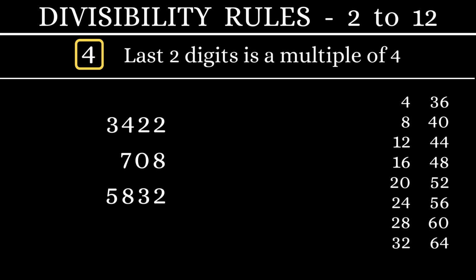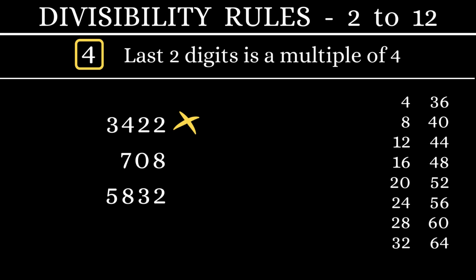In the first example, considering the last 2 digits, 22 is not a multiple of 4. Hence, the number 3422 cannot be divisible by 4.